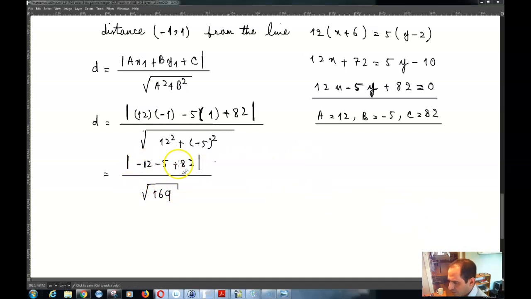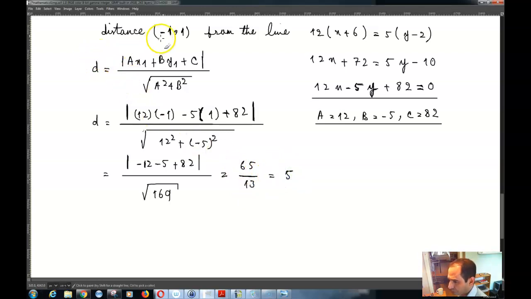Now, -12 minus 5 is -17, and 82 minus 17 is equal to 65. So that is 65 over 13, and 65 over 13 is equal to 5.